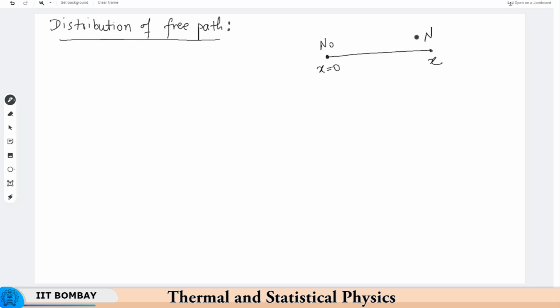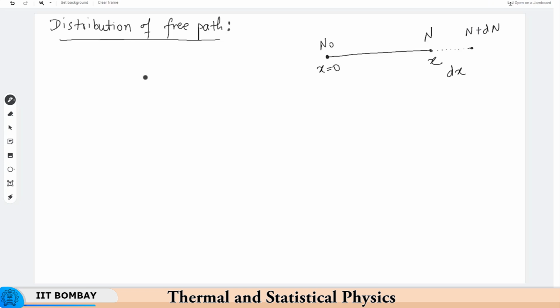As we can already imagine, this n has to be less than n0, because if you start with a certain number, many molecules will undergo collision, only a few will survive, right. And say that number after travelling a distance x is n, and after travelling another incremental distance of dx, that number becomes n plus dn, right.